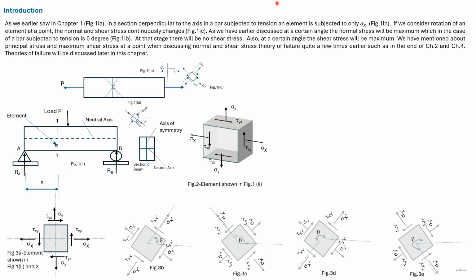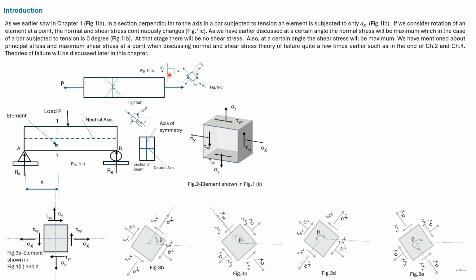We considered inclined sections at several angles and found that the normal stresses acting on these elements were in between sigma x here and sigma y, which is 0. So for a given rotation, this element gives the maximum normal stress and the minimum normal stress.